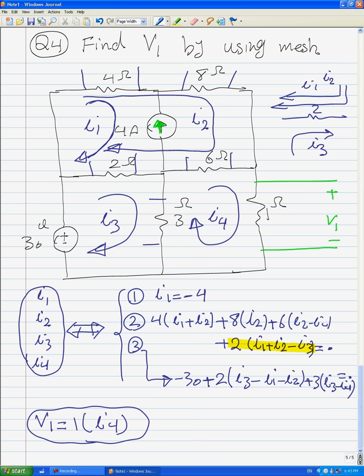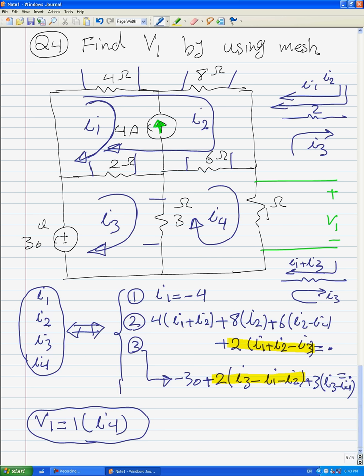Important note for this part: we have 2 ohms like this. We have I3 and also I1 plus I2. Because we are traveling in loop 3, we should indicate I3 minus I1 minus I2.